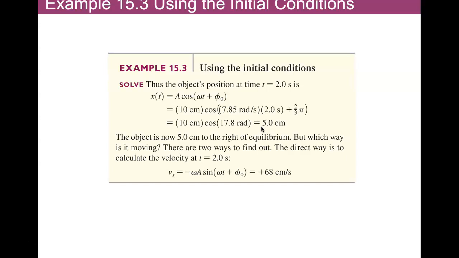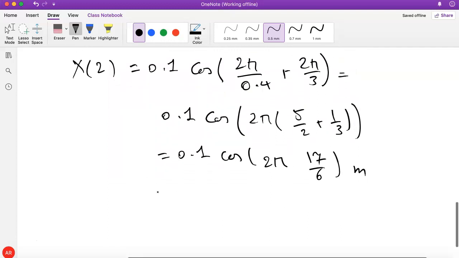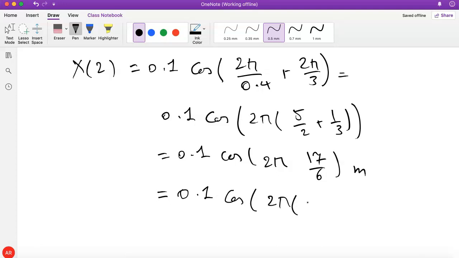All right, let's simplify this a little bit more to just see what's happening more easily. So it's 0.1. I can write this as cosine of 2 pi. Here I have, 17 is 18 minus 1, right?